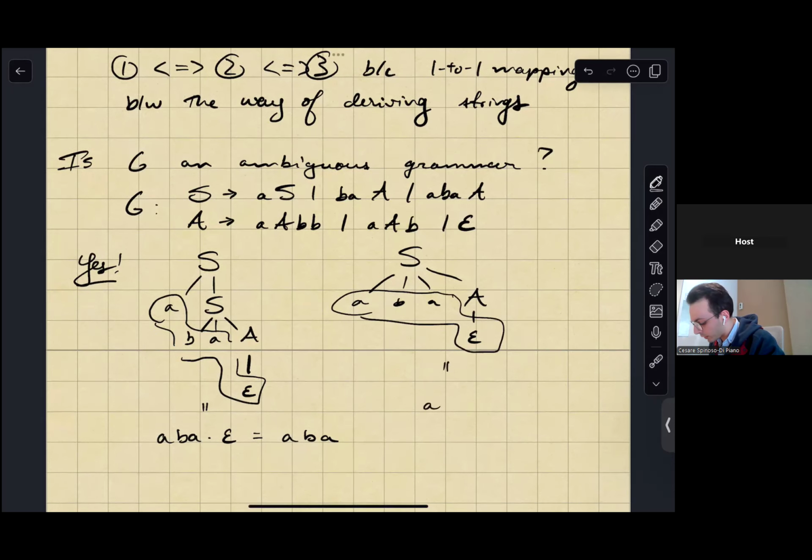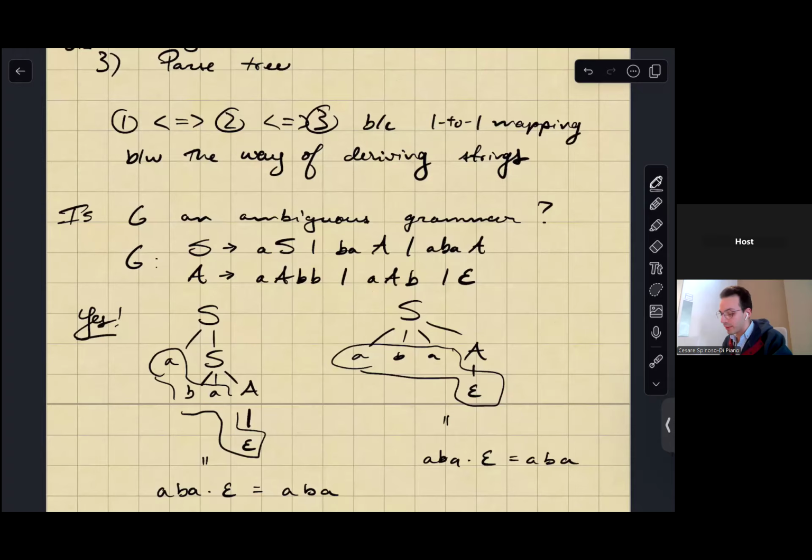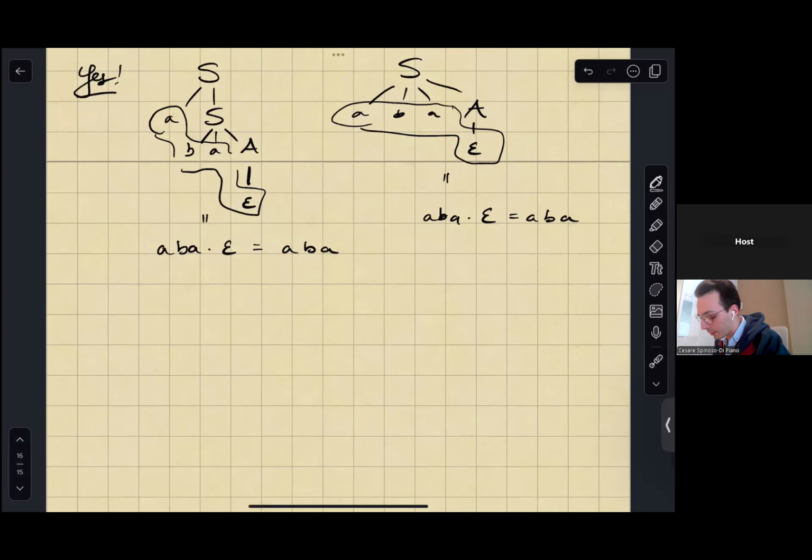So the yield of this parse tree, which is what you get if you read off the leaves, where all the leaves are supposed to be terminals or the empty string, is the same, right? So you have two distinct parse trees for the same generated string. The yield being ABA means that the string generated by the grammar is ABA, and the parse trees are distinct, and so by this definition, G is indeed ambiguous.